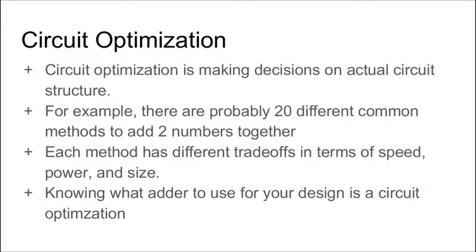Some will give you an adder that is very tiny, and in the chip world, area equals money. So you like small things because it saves you money. Some of them are very fast. So a circuit optimization would be looking at all the different things that your chip is doing and all the different high level or business goals that you have, and picking the types of circuit constructions that optimize for your end goals.